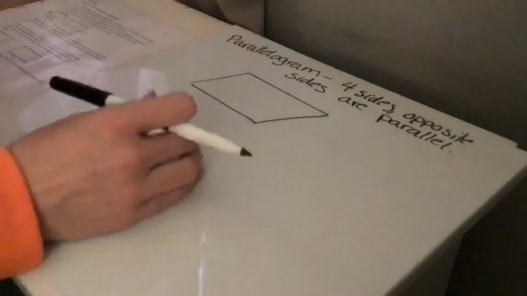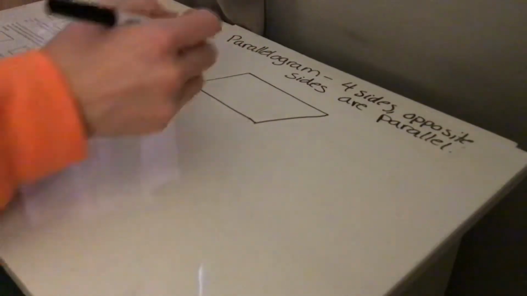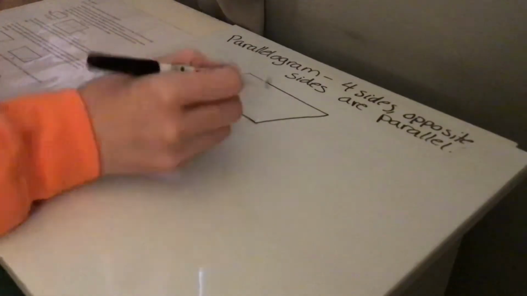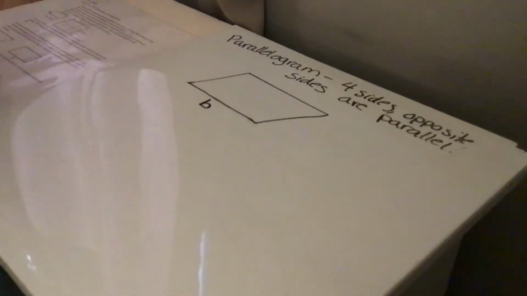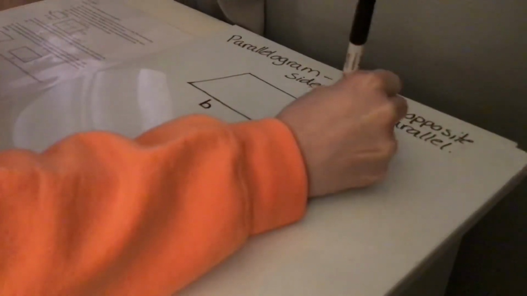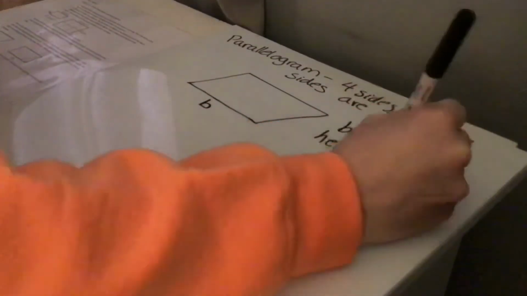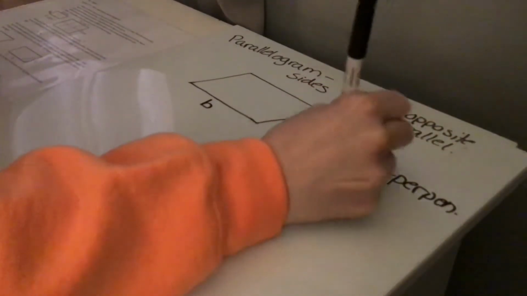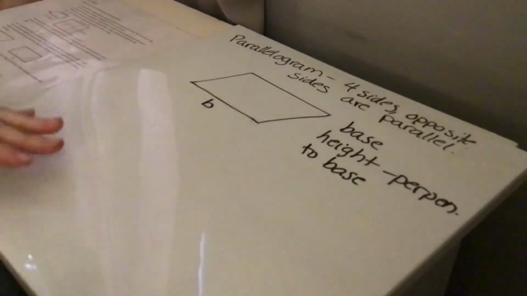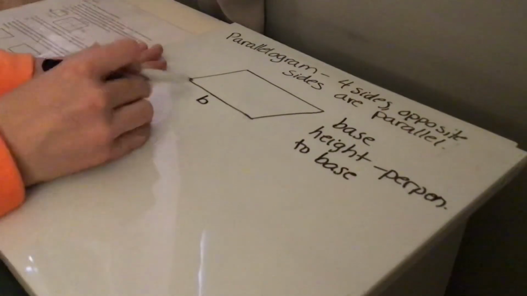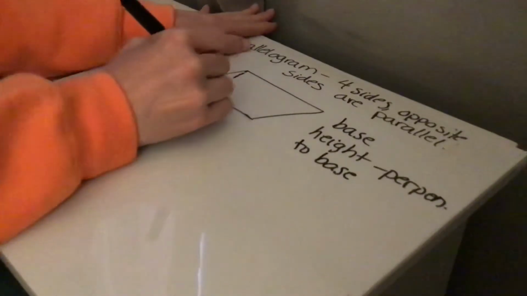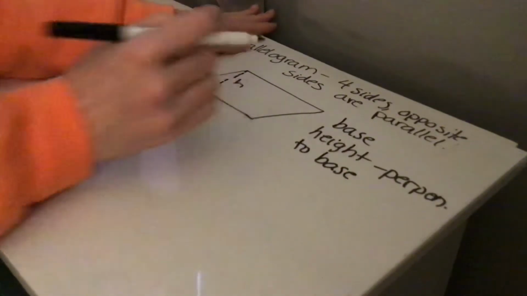Okay? In a parallelogram, you have a base being one of your sides, and then you have a height where the height is perpendicular to the base. Okay, so if I'm going to use this side as my base, then my height has to be right here. So we're going to make it perpendicular.